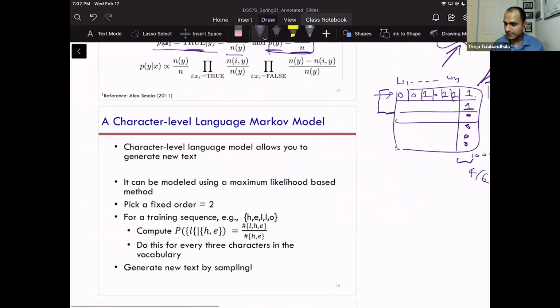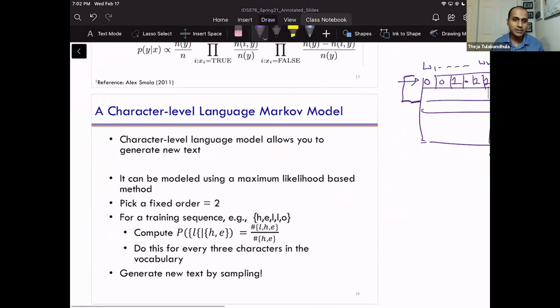Now let's look at the next example of a simple model. It's called a language model, and it's going to be relying on some sort of Markovian property, but the more core of this idea is the following.